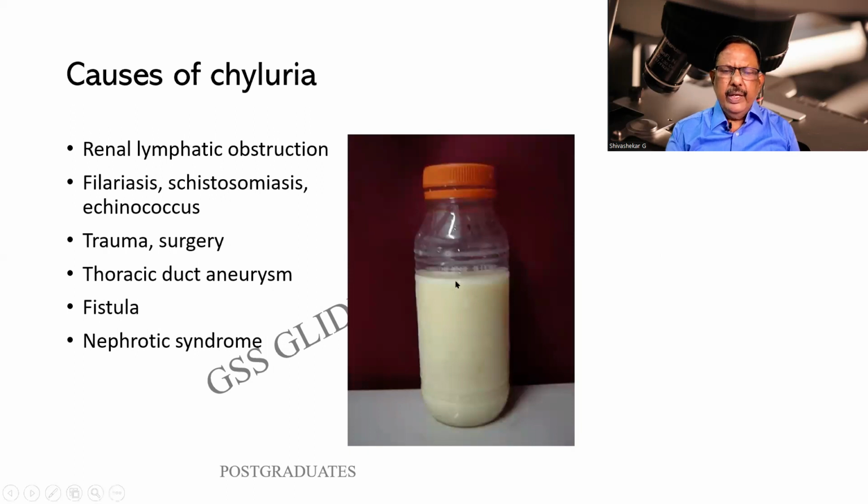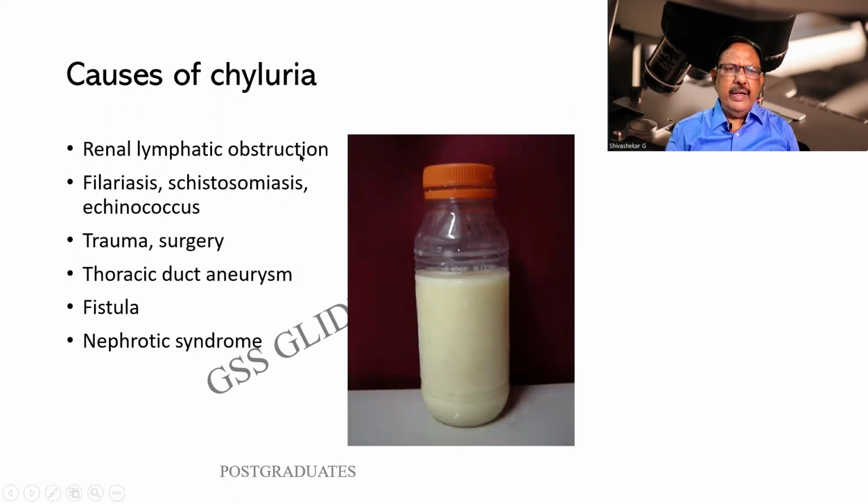Look at this. A patient was once asked to bring his urine for examination. He brought this. And there was an exchange of gestures amongst us, and then we said, kindly go and get urine. He came after some time, again a bottle was like this. So this is a case of chyluria, milky fluid.